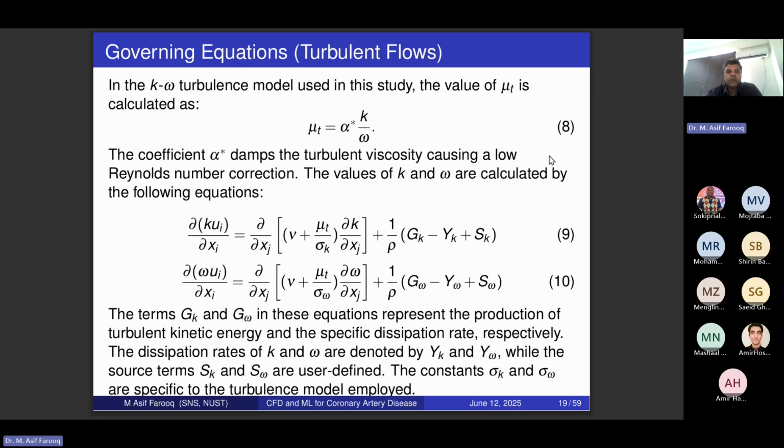And for turbulent flow, we use the k-omega model, which is the turbulence model that we use here, and this is given in equations number 9 and 10. Here, a few terms, Gk and Gω, are the production of turbulence kinetic energy and also the specific dissipation rate. And there are some other terms as well, Sk and Sω. These are the source terms, and so on and so forth.